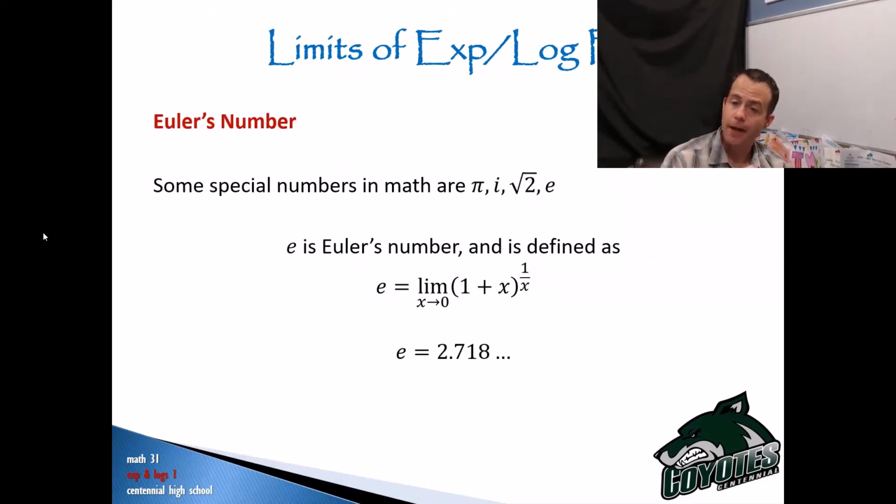Okay, and it's defined as the limit as x approaches 0 of (1 plus x) all to the 1 over x, okay? And it is an irrational number. e is 2.718, blah, blah, blah. If you'd like to figure out what it is, you have an e to the x button on your calculator.